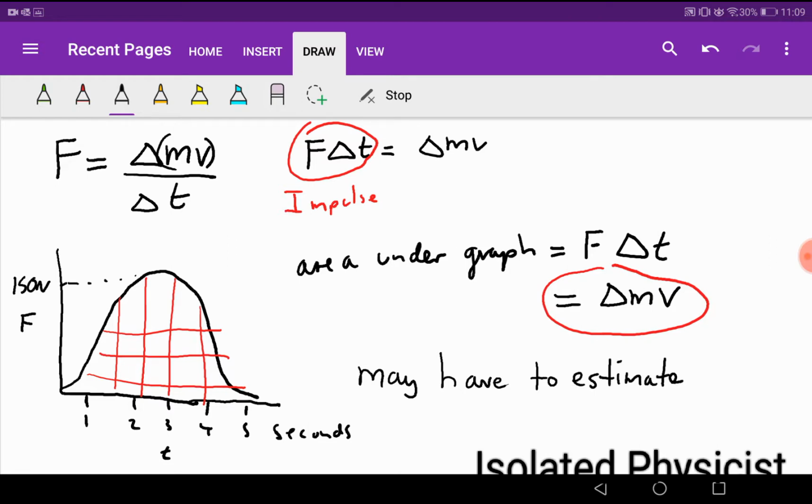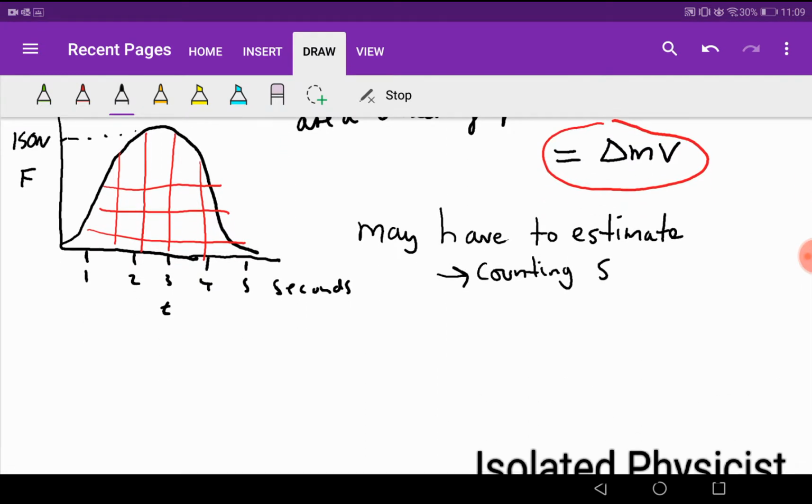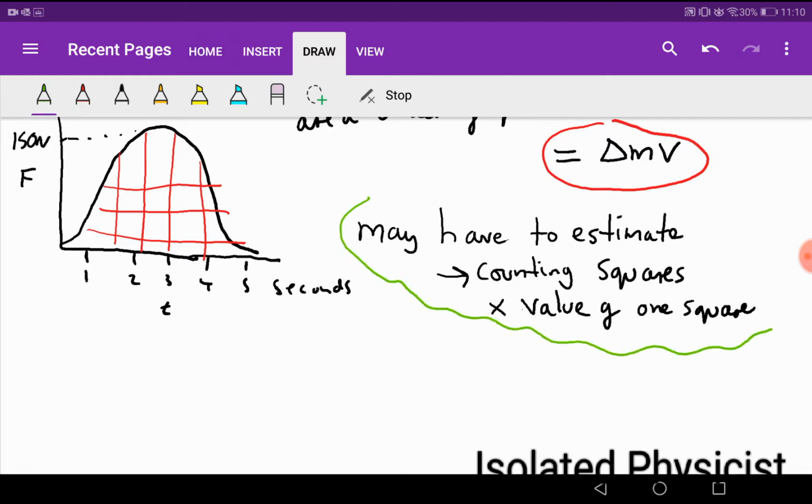You might have to do that by counting squares, and then multiplying by the value of each square, what one square is worth. It's quite a basic concept, but I just will let you know that sometimes you might have to do that.